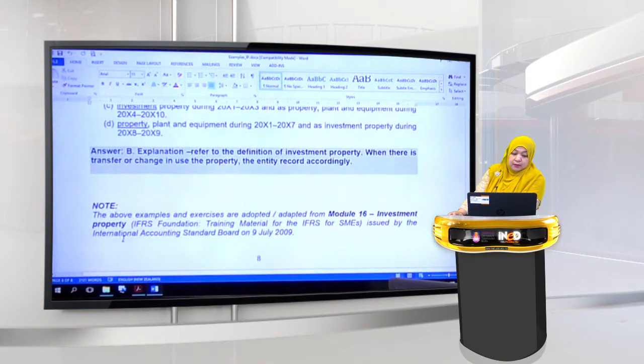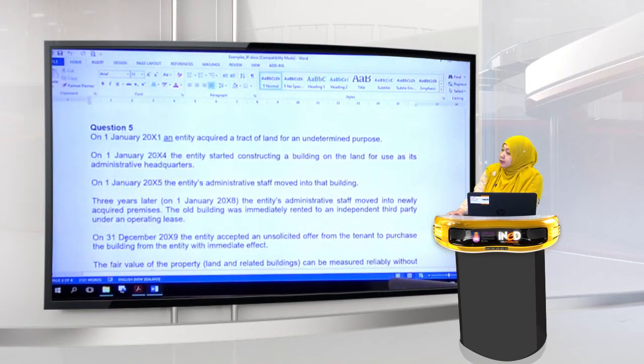Next question. Our last question would be, on 1st January 20X1, an entity acquired a tract of land for an undetermined purpose. And then on 1st January 20X4, the entity started constructing a building on the land for use as its administrative headquarters. And then on 1st January 20X5, the entity's administrative staff moved into the building. 3 years later, on 1st January 20X8, the entity's administrative staff moved into newly acquired premises.